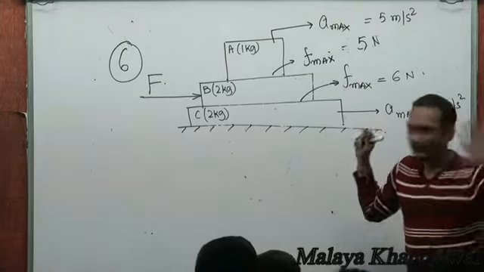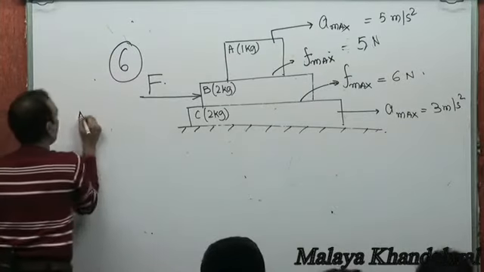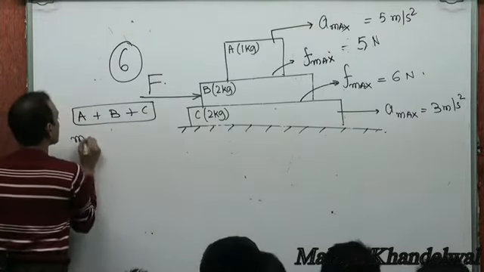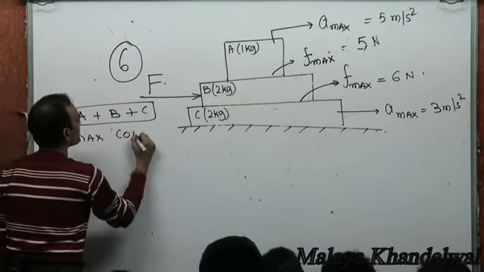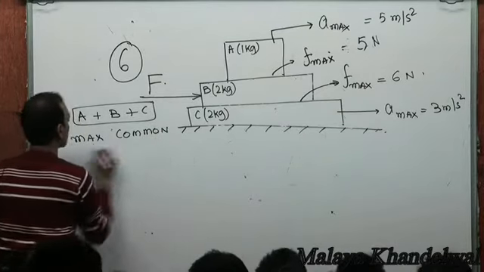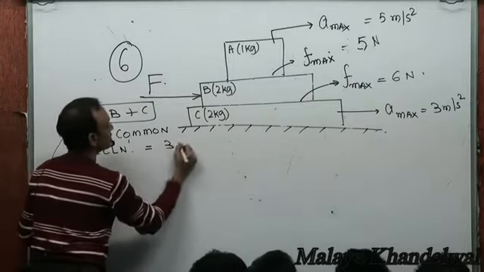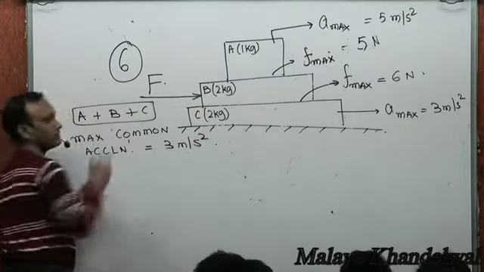Yes or no? Right? A plus B plus C, maximum common acceleration is 3 meters per second squared, right?